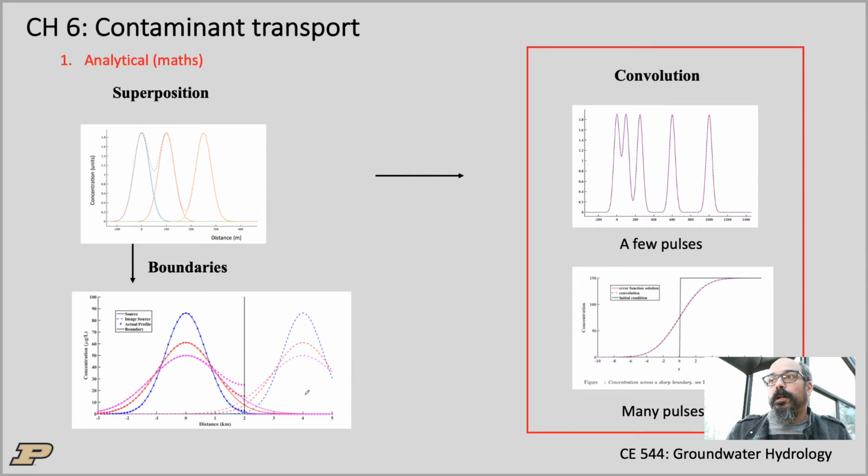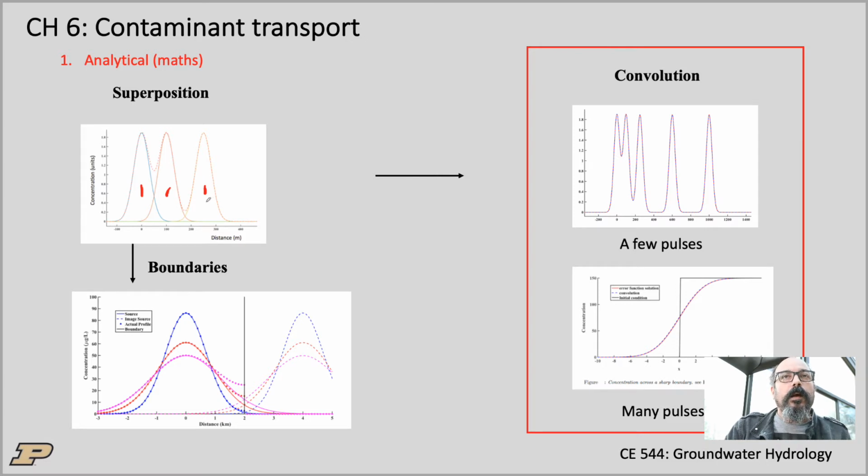One last thing on analytical solutions before I move on to numerical solutions: the principle of superposition. We've done that for wells before. When you have a well field with multiple wells, because they're all independent and things are linear, we can just add them up. Same thing here. If you have the solution of 3 different pulses, like in that first figure, and those of you in 547 will recognize some of those figures here, let's say we have 3 different sources, so 3 different buckets of contaminant released at 3 different places.